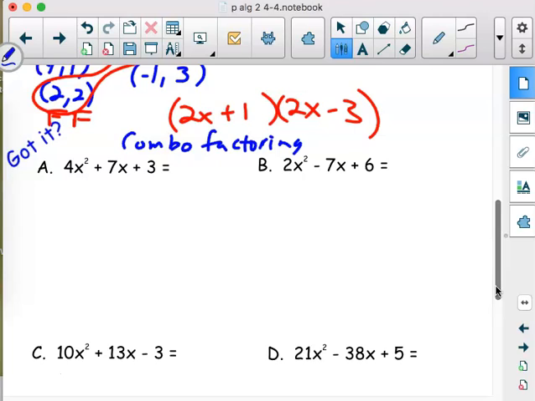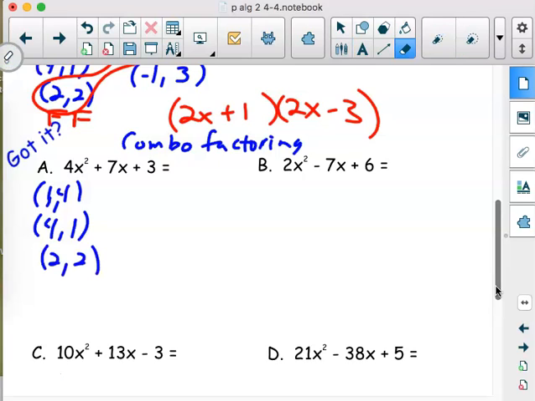Because we're really looking at combinations of numbers that'll make this work. So for 4, hey, we just did that one in the last problem. 1 and 4, 4 and 1, 2 and 2, and that 1 looks kind of weird. All right, our numbers in the back have to multiply to +3, and somehow outside times outside plus inside times inside has to give us a +7.